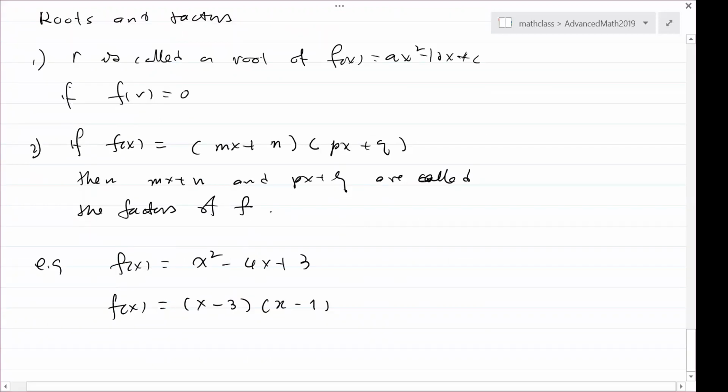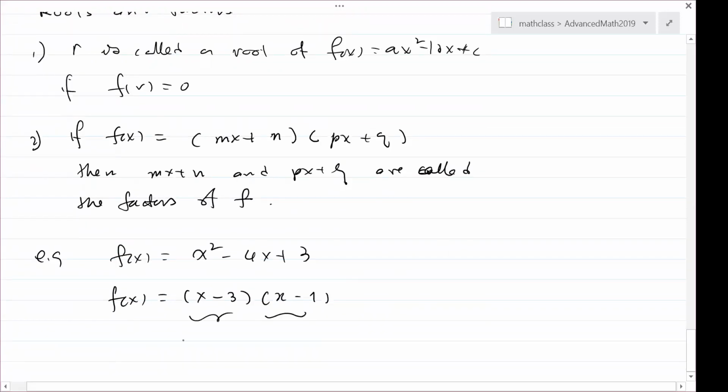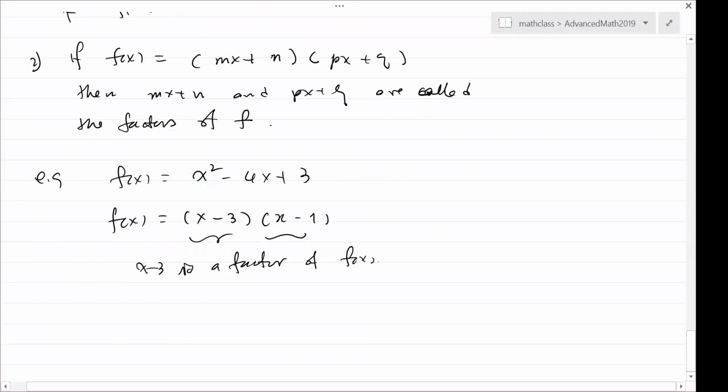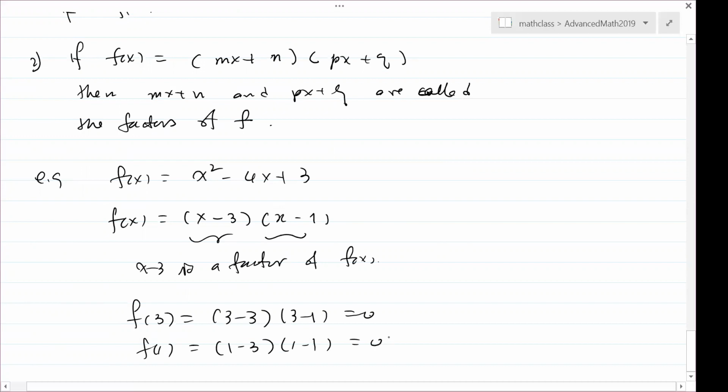So each of them is a factor. So x minus 3 is a factor of f of x. And I guarantee if it's written in this form, f of 3 is going to be (3 minus 3)(3 minus 1), which is 0. And f of 1 is (1 minus 3)(1 minus 1), which is also 0.